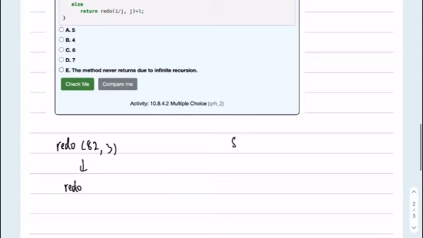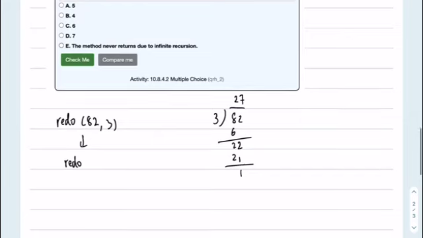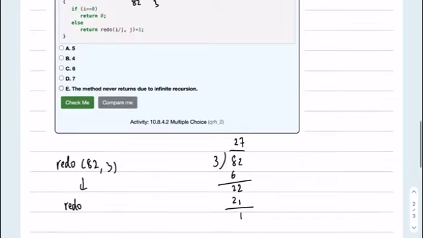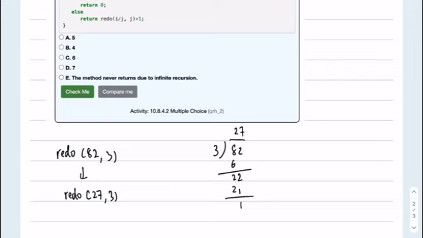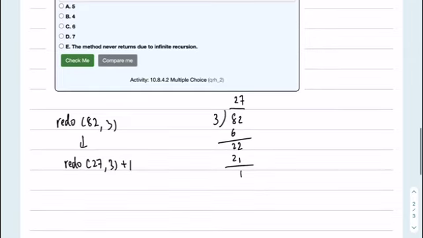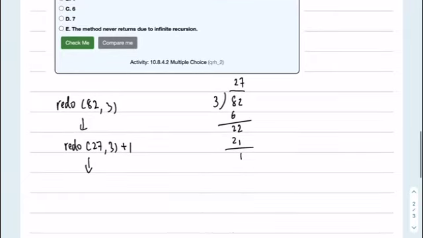So 82 divided by 3, that'll be 27. Although there was a remainder of 1, and we could continue doing this, but because of truncating, the answer should just be 27, and J would still be 3. But do remember the plus 1, because I might forget it sometimes.